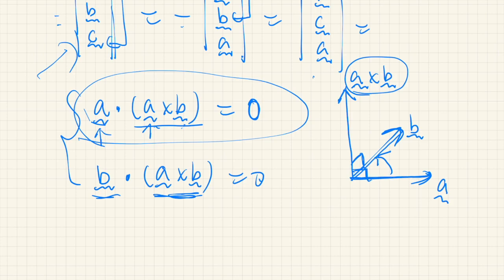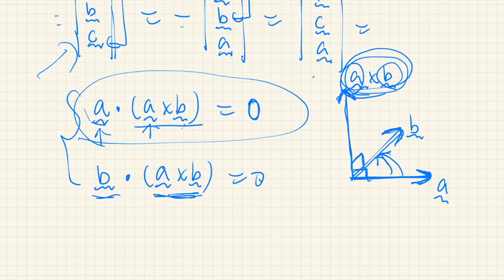The first vector is A in this case, and the second vector is B. First put this and rotate A to the direction of vector B. Then the direction in which the usual right-handed screw will proceed is the direction of the cross product.